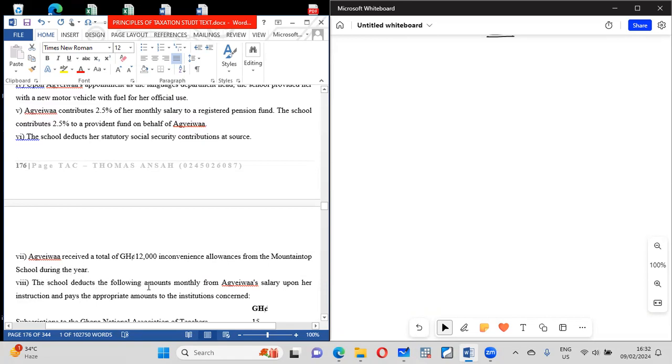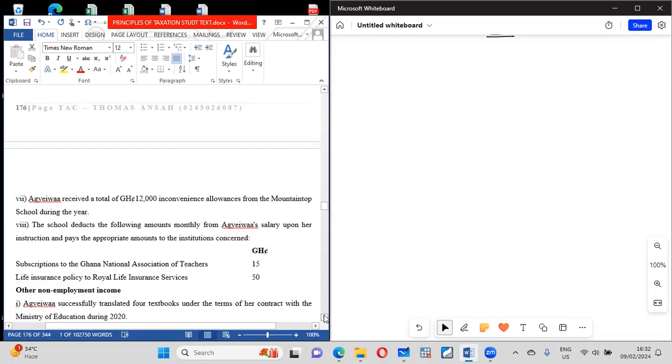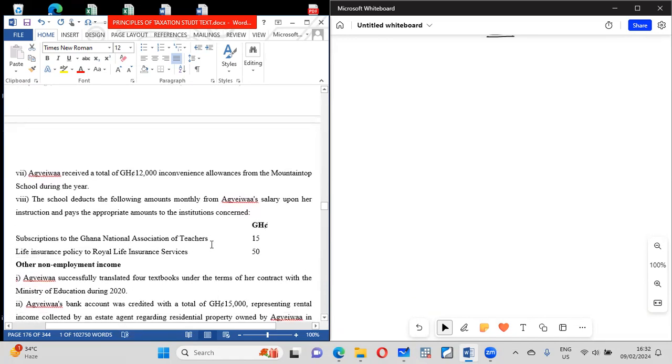Then the school deducts the following amounts on a monthly basis from Ejewa's salary upon her instruction and pays the appropriate amount to the institutions concerned. Subscription to National Association of Teachers, 15. Life insurance policy, 50.